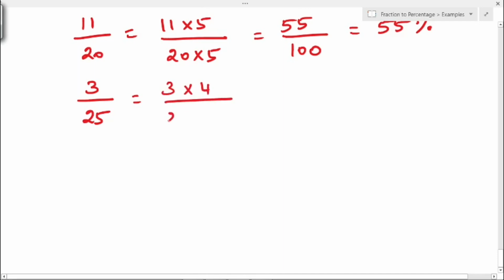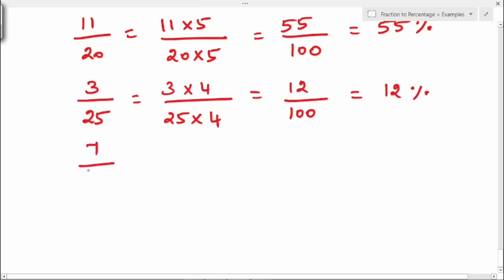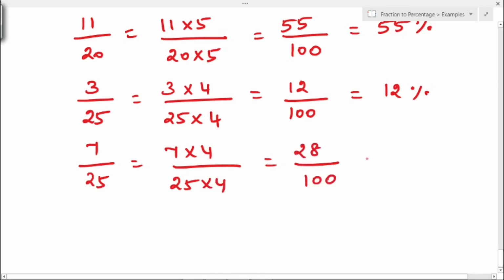So 3 into 4 divided by 25 into 4. So 3 fours are 12 divided by 100. So the answer is 12%. Suppose we have 7 divided by 25. So 7 into 4 divided by 25 into 4. So 7 fours are 28 divided by 100. So that is nothing but 28%.